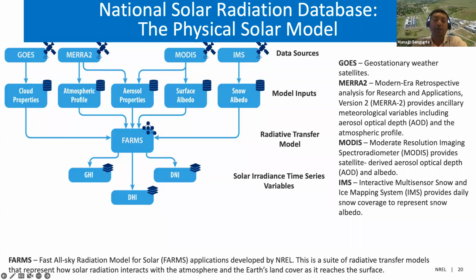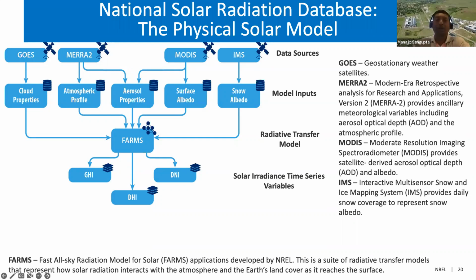So as you can see, all of this data is obtained and then fed into a radiative transfer model, the FARMS model, which is an NREL developed model, which produces the global horizontal irradiance, the direct and the diffuse very quickly. So it's a fast model specifically geared for satellite applications.